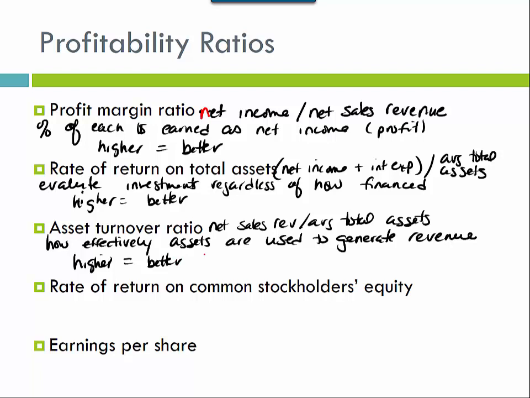And these last two, I believe we looked at in chapter 15, so I'll go over those just briefly. Rate of return on common stockholders' equity. This is your net income minus any preferred dividends if you paid them, and then you divide that by your average common stock equity. If you don't have preferred, then you're just dividing by your total equity, which would include your retained earnings.